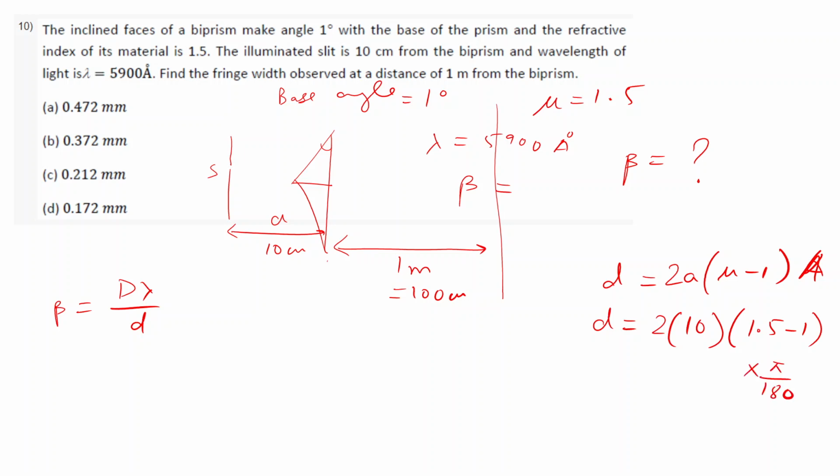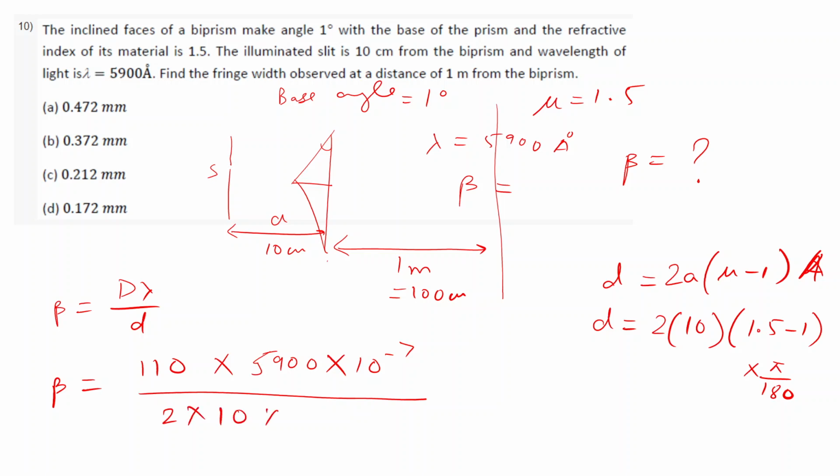So fringe width will have capital D, which is 100 plus 10, that is 110 centimeter. Wavelength is 5900 angstrom. In millimeter it will be 10 to the power minus 7, divided by all this, which is 2 times 10 times 0.5 divided by pi by 180.